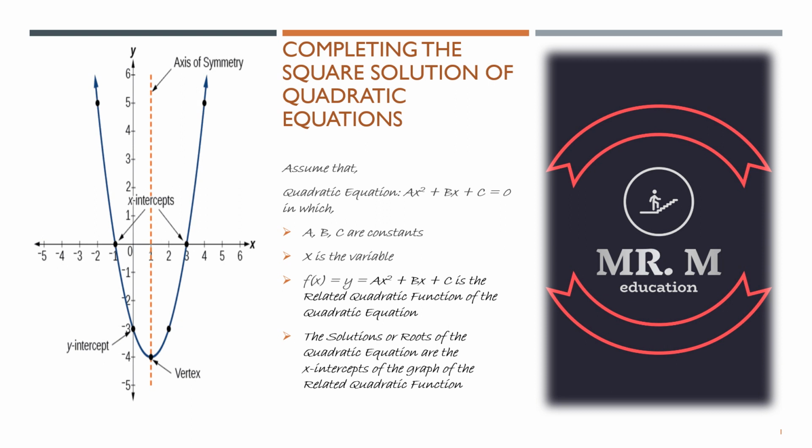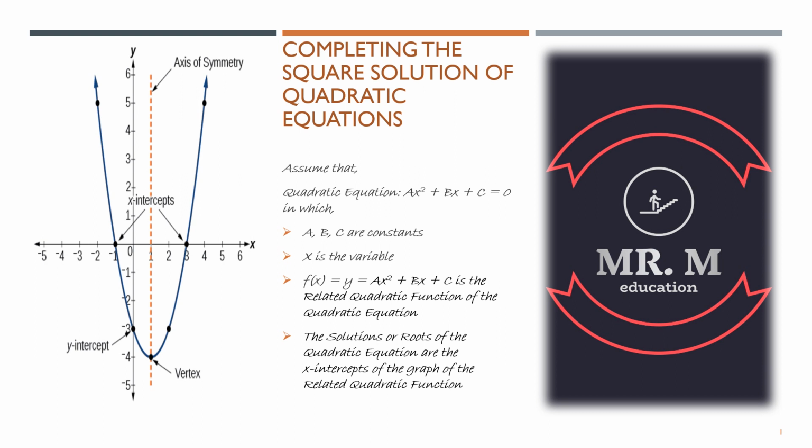One of the most versatile and fundamental algorithms for solving quadratic equations is known as completing the square method. Please assume that the quadratic equation is ax squared plus bx plus c equal to 0, in which a, b, c are constants and x is the variable.